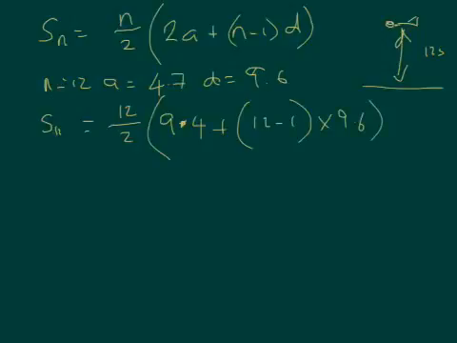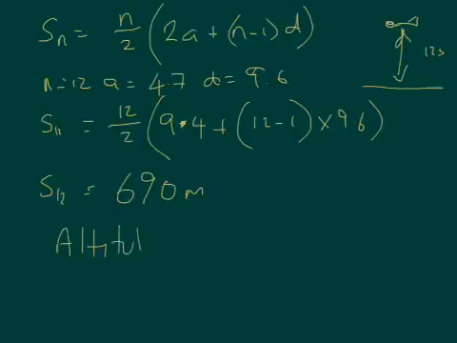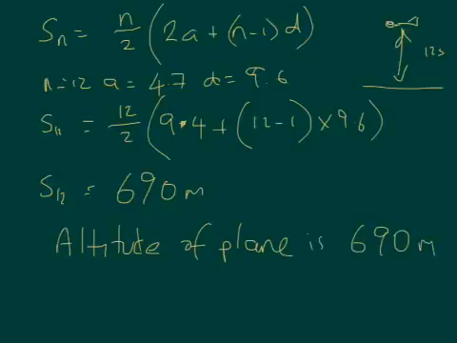You simply put that into your calculator, and the partial sum after 12 seconds equals 690 metres. So the altitude of the plane is 690 metres, because we're told that it takes 12 seconds to hit the ground. Okay, and that's how you solve that problem.